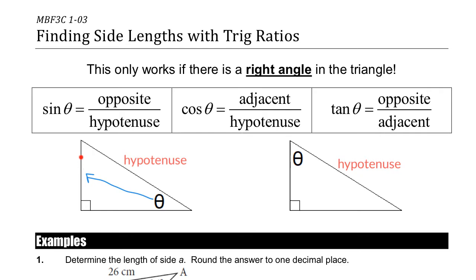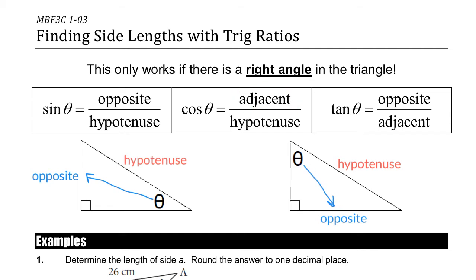So there's the opposite side in this triangle. Over here, this is my angle, so which side is opposite? It's directly across. This is the opposite side. So hypotenuse doesn't change. It's just the side that's across from the right angle. But opposite changes depending on where your angle is located.